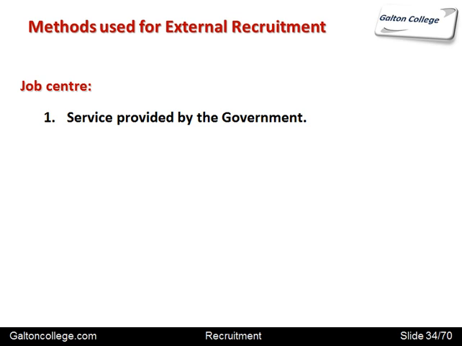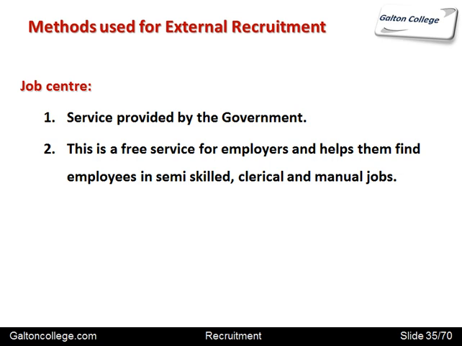So by placing the job description with the job centre, there is an opportunity to recruit, and it's quite cheap to do this. In fact, I think it's a free service offered by the government. So the employers get access to employees in the semi-skilled, clerical and in manual jobs quite easily through the job centres.